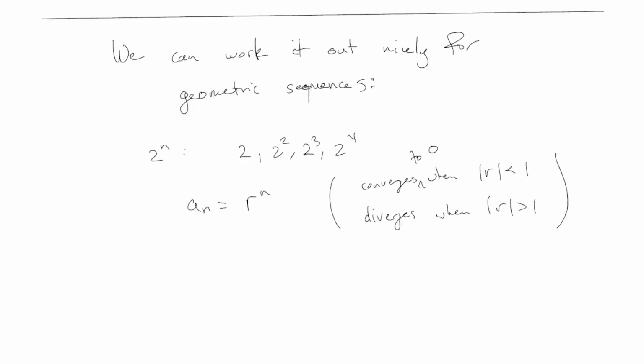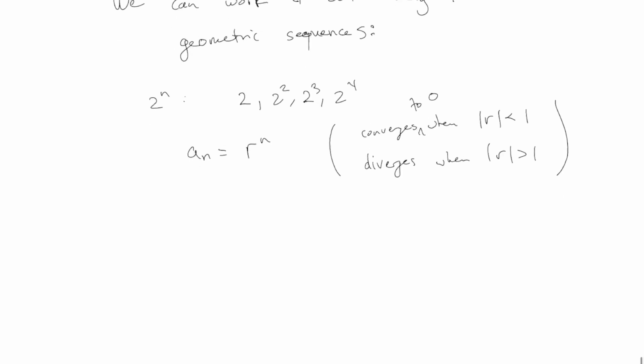So, since we already know fairly well what the sequence does, it's not so hard to translate this knowledge into asking about the series. So my next question is, what about the series of r to the n, adding them up?